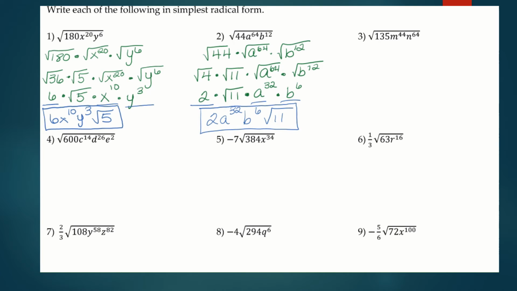So 135 divided by 9 gives me 15. Now 15 is not a perfect square. It doesn't have any factors that are perfect squares. So I've got the 2 factors that I need to simplify the square root of 135. So the square root of 9 times the square root of 15. And again, I'm just breaking all this apart here.